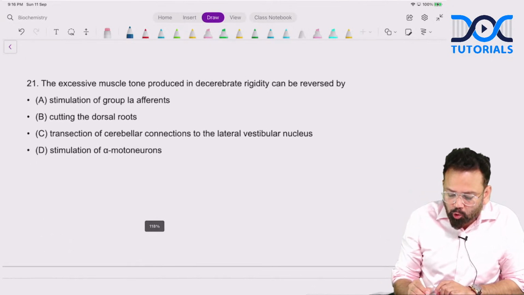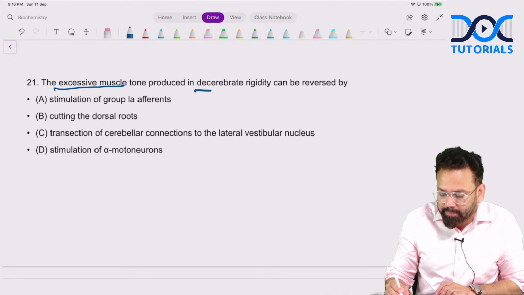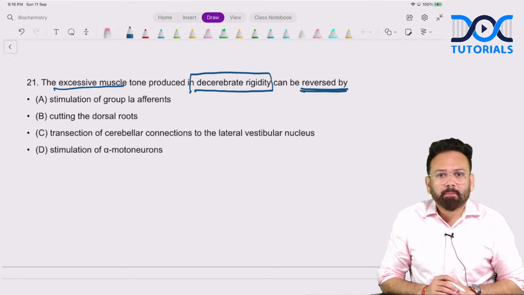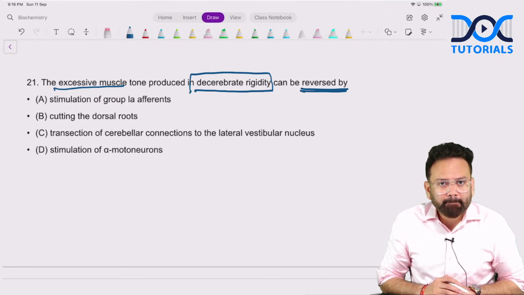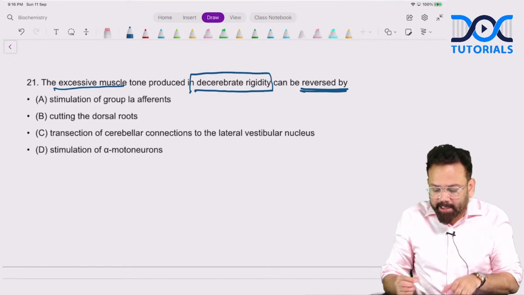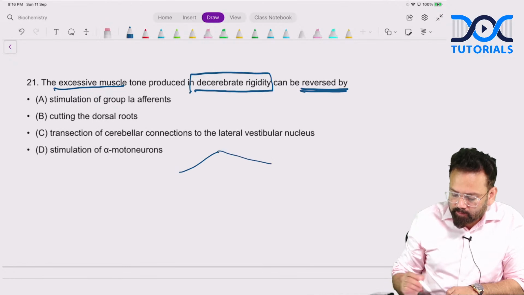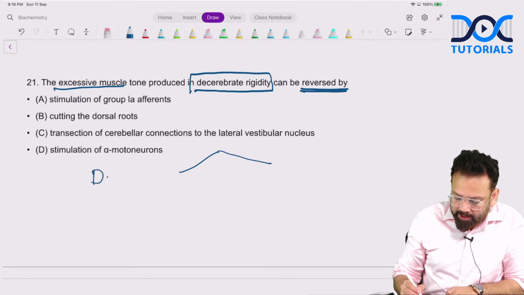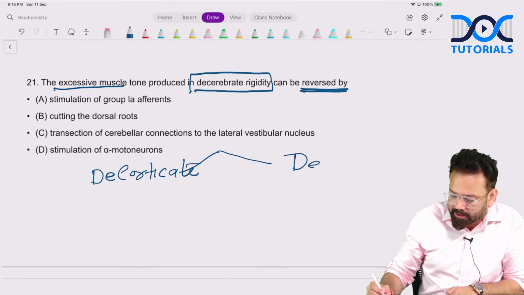Excessive muscle tone produced in decerebrate rigidity can be reversed by. Beautiful question. There are two: decorticate rigidity and decerebrate rigidity. What is the difference between these two?